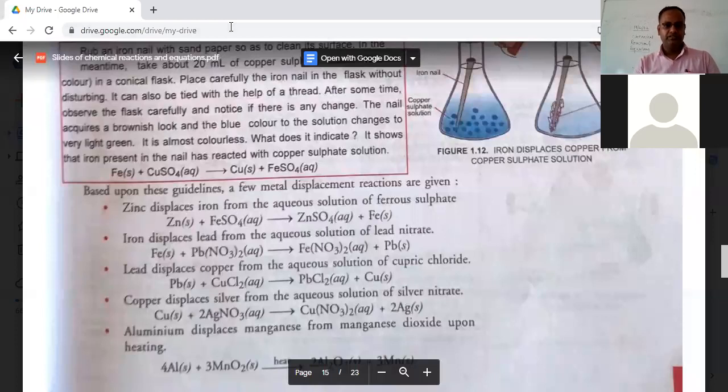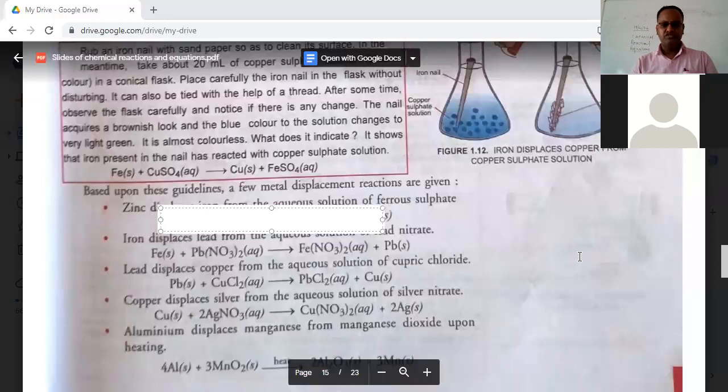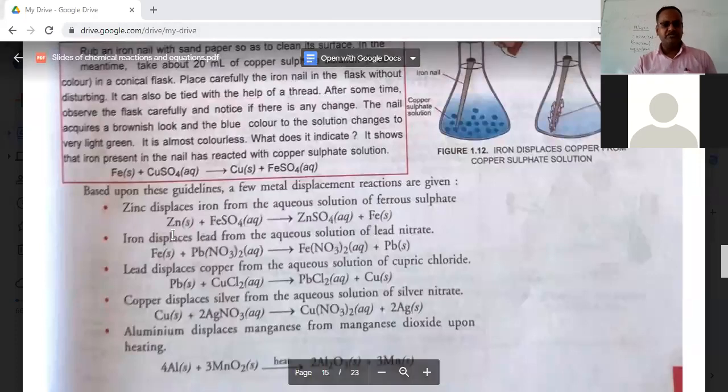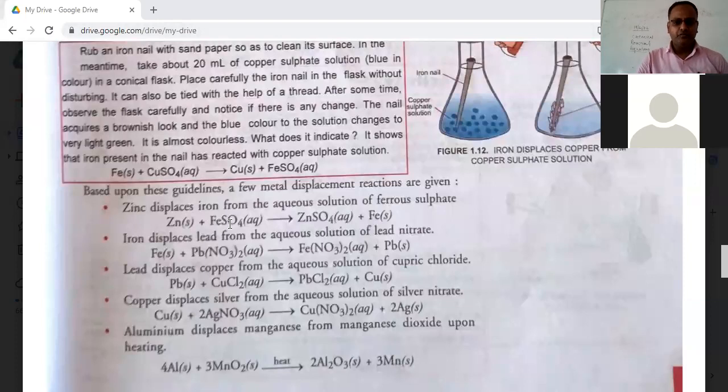See the first one. The first reaction, all of you see: zinc reacts with the aqueous solution of ferrous sulfate and the products formed are ZnSO4 and Fe.